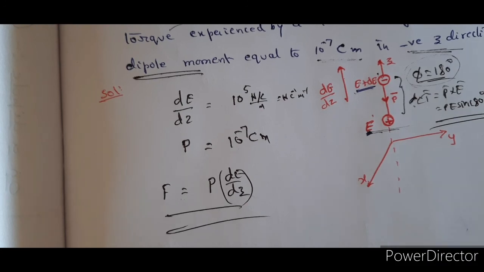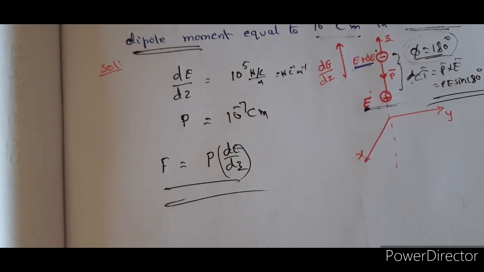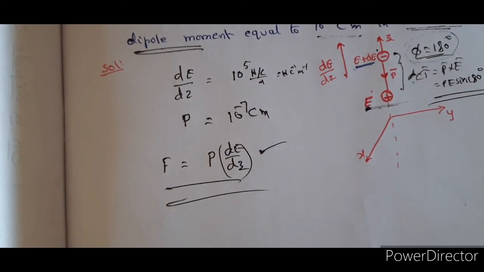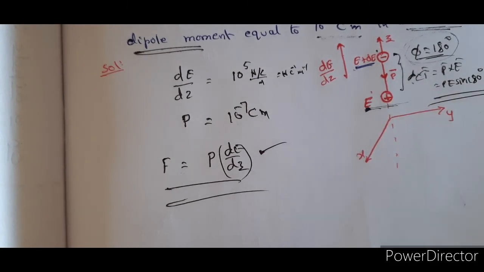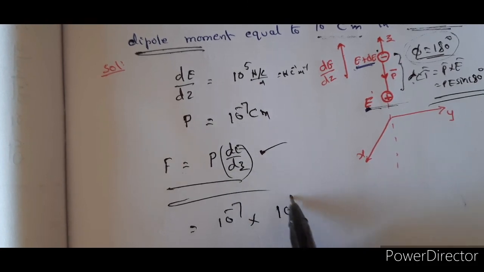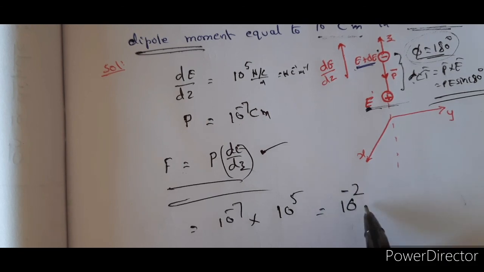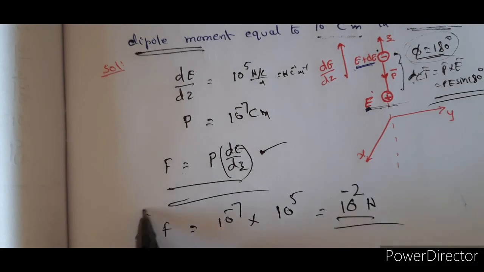Or directly, because we have learnt just now the force acting on the dipole because of a non-uniform field, there is no need to confuse ourselves with other things. Now what is P? 10 power minus 7 into dE by dz, which is 10 power 5, equals 10 power minus 2 newtons. So finished.